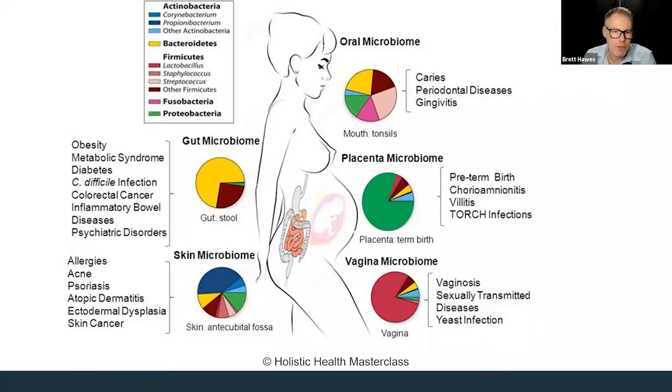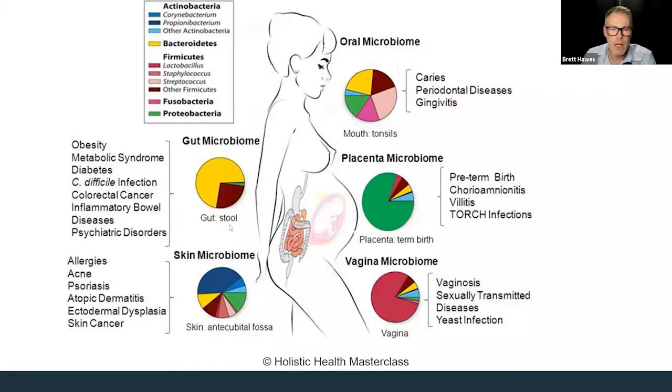What's very interesting is that on a lot of the stool tests I've been doing recently, I've started seeing bacteria that are usually found in the oral cavity landing up in the stool, right, and contributing to bacterial overgrowth and dysbiosis. So very interesting there. I'll expand on both of those points in just a second.